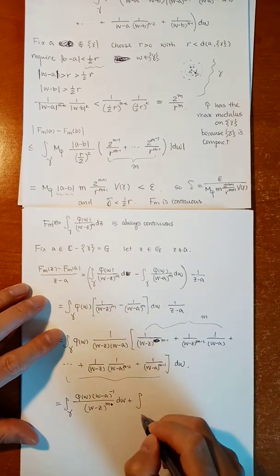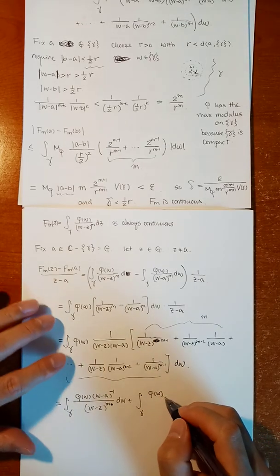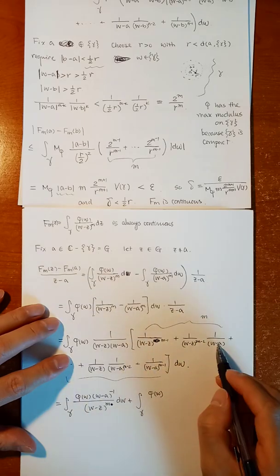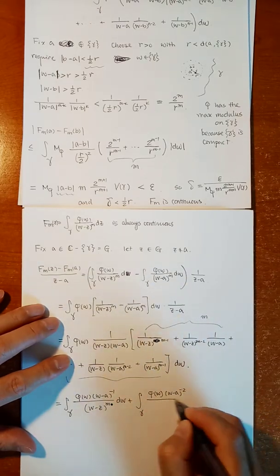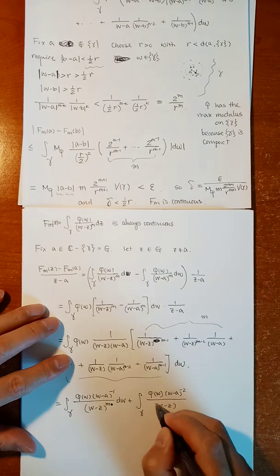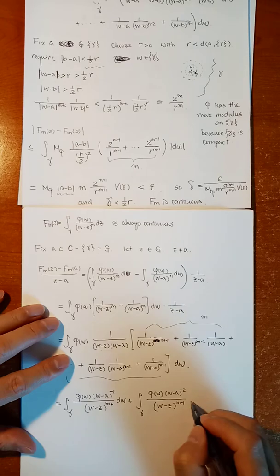And second one, integral phi w, this w minus a, 2. So it's a, w minus a to power negative 2, w minus z to power m minus 1, dw.